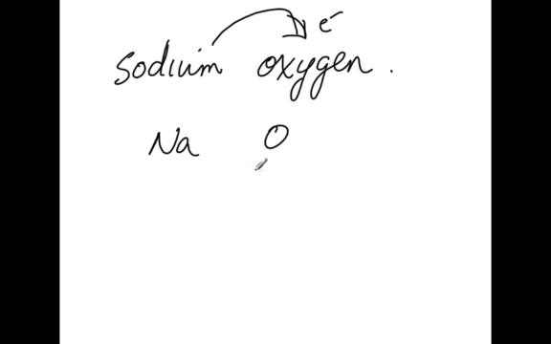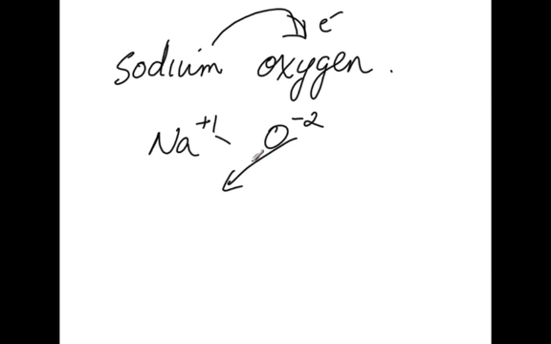Well, if I look and find my sodium, I find it is in the first column, so it has a charge that's plus 1. I look over and find that my oxygen is 2 away from the noble gases or the inert gases, so it would have a charge of negative 2.